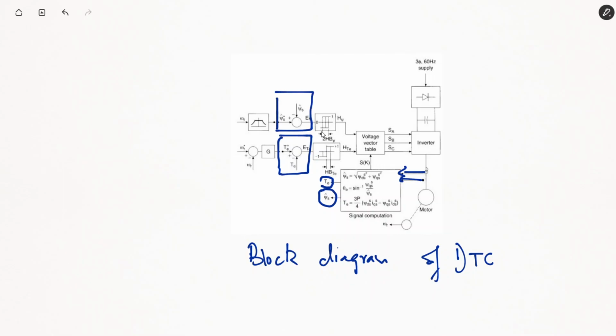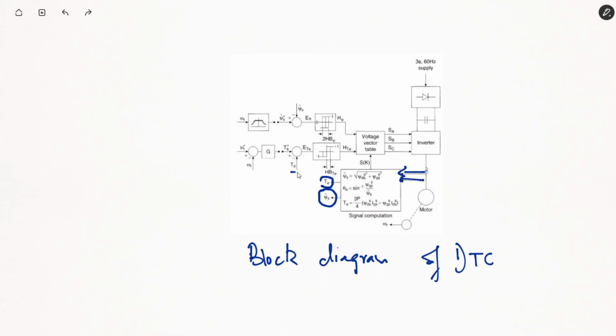Using a switching table and voltage space vector modulation, we are able to generate pulses for the inverter that feeds the motor. So this portion of control, that is controlling the speed, is no longer a necessary part of the direct torque control strategy.